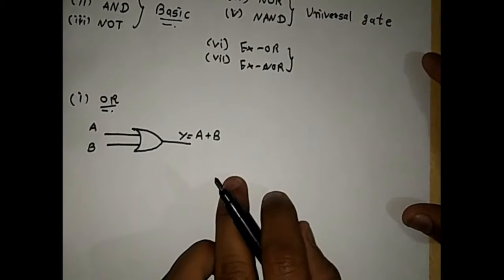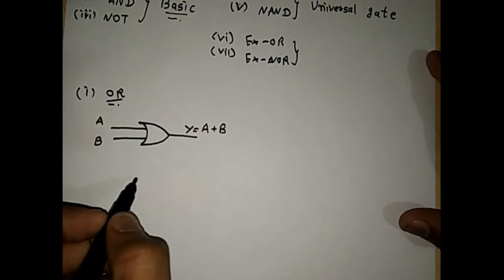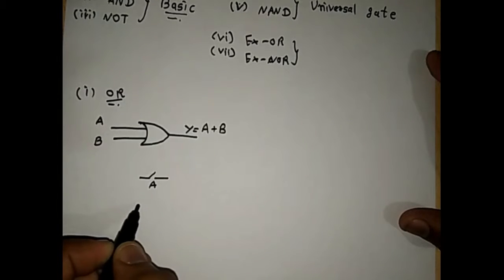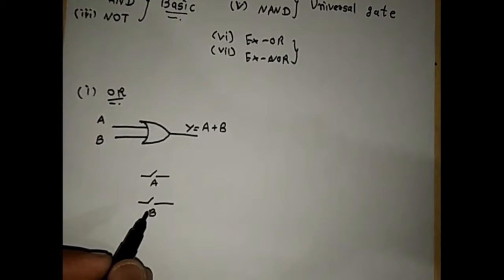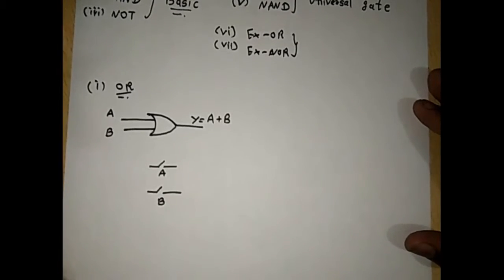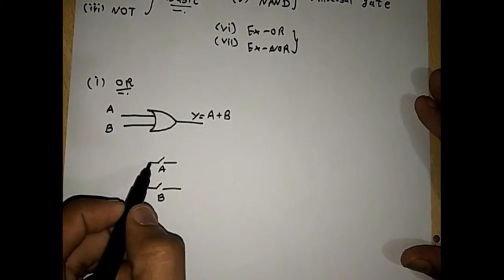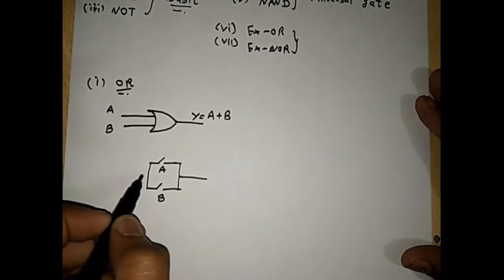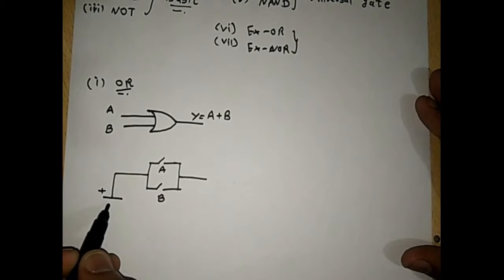Now from the electrical point of view, suppose it has one switch, namely A, and a second switch with the name B. So from an electrical point of view, you can compare the OR gate with two parallelly connected switches as shown in the given figure, where suppose this is the positive terminal and this is the negative terminal.